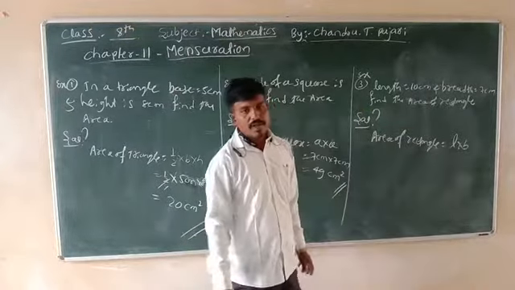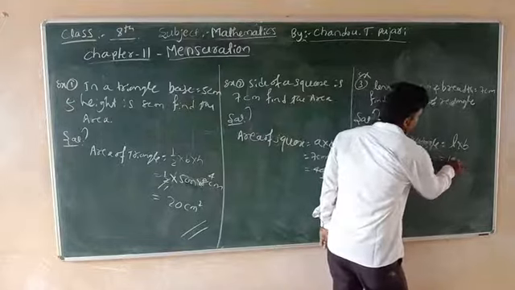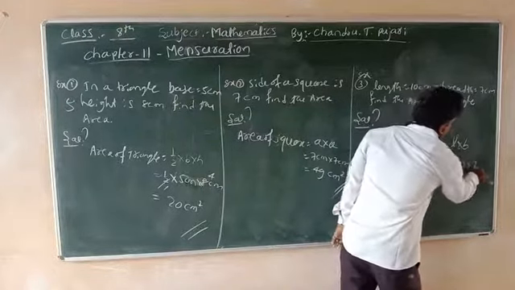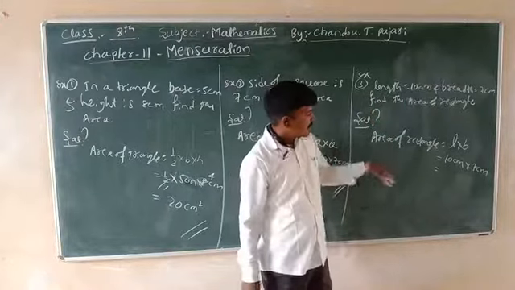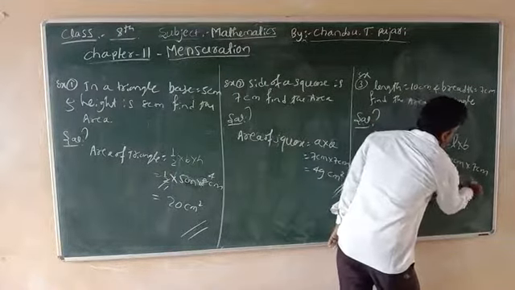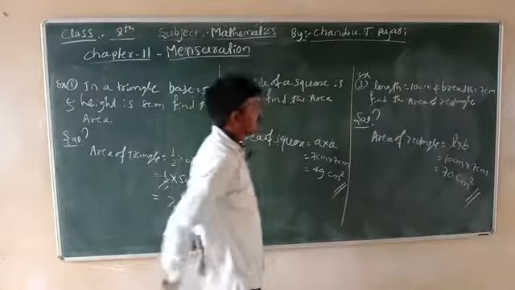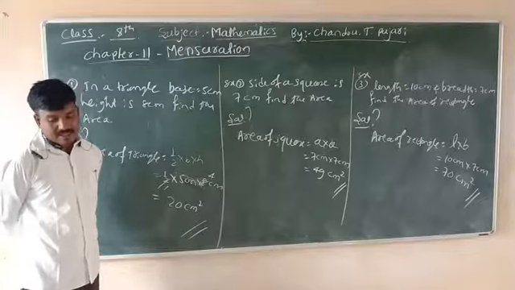Given values: length 10 centimeters and breadth 7 centimeters. 10 sevens are 70 centimeter square. Got it? Only very basic questions.